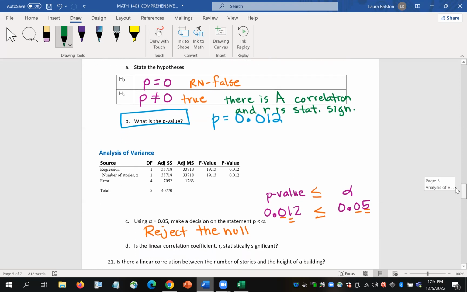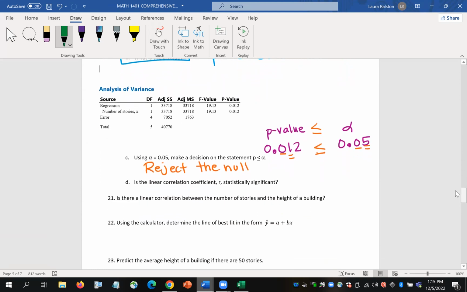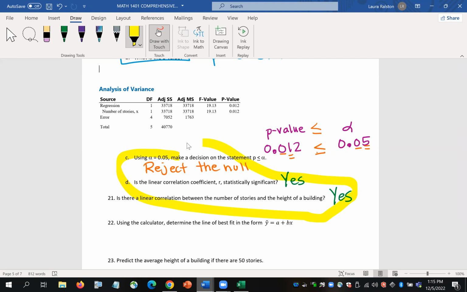Okay. So if I reject the null, I have to say, yes, R is statistically significant, and yes, there is a linear correlation between the number of stories and the height of the building. Guys, it always goes this way. If you reject the null, you've got to say, yes, R is statistically significant, and yes, there is a linear correlation.